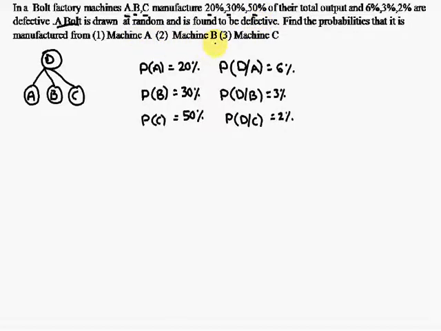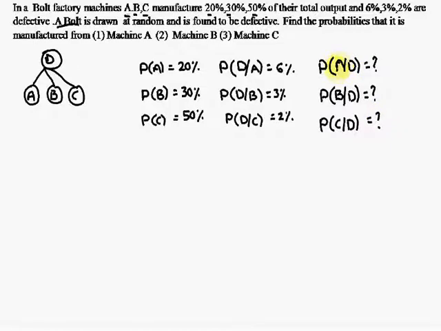Next, these three questions arise. How do you write the questions? Probability of A given D occurs is question mark. Second question, probability of B given D occurs, question mark. Probability of C given D occurs is the question mark.